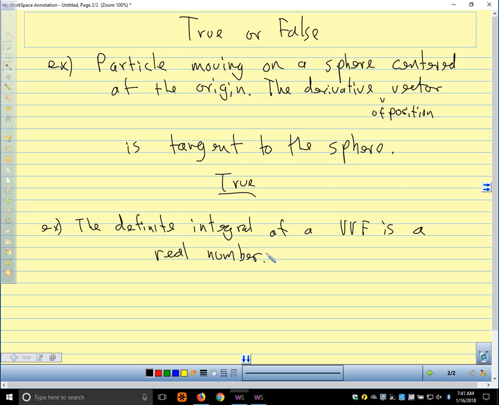Yeah, it's false. It's a vector. And here I'm going to say otherwise true, otherwise particle moves off the sphere.